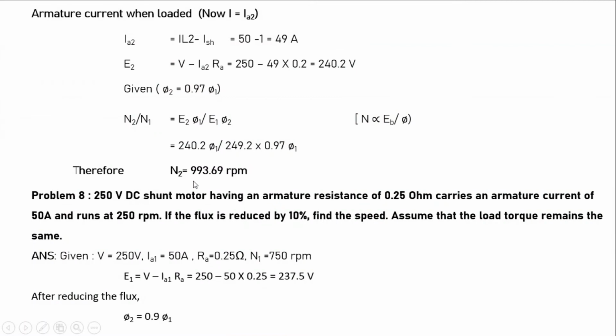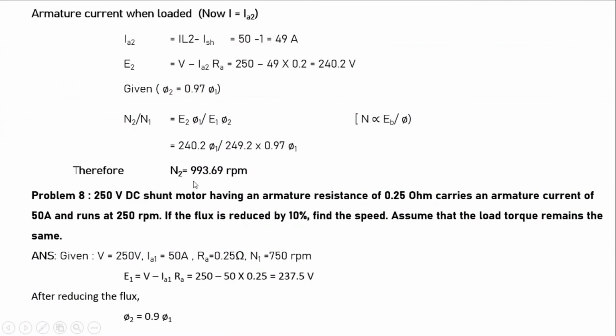So output is given as 8.2 kilowatt, 9.55 divided by N, speed 289.5. So how do we get the speed as 289.5 rpm? We need to use the equation EB is equal to phi ZNP by 60A. Speed is unknown, EB is unknown.